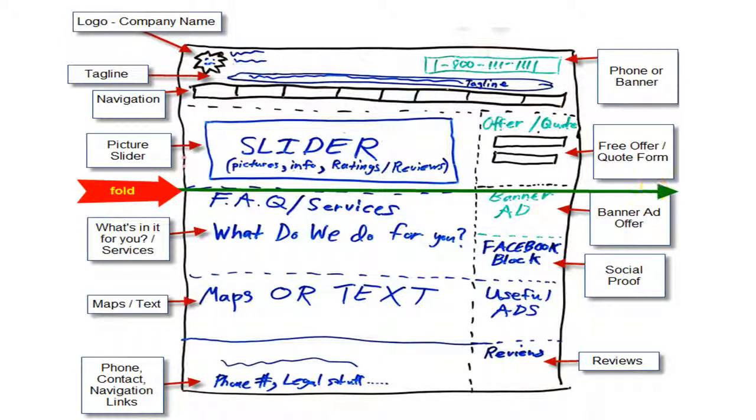Now, don't let this freak you out, because if you want to keep it basic, you could have the logo, the tagline, the navigation bar, the slider and maybe a banner ad and a bunch of content. You really don't have to have every single thing, but if you really want to take it to the max, then study this layout.